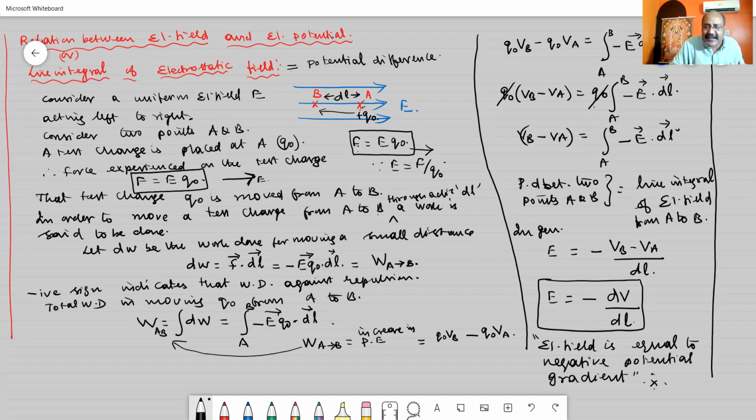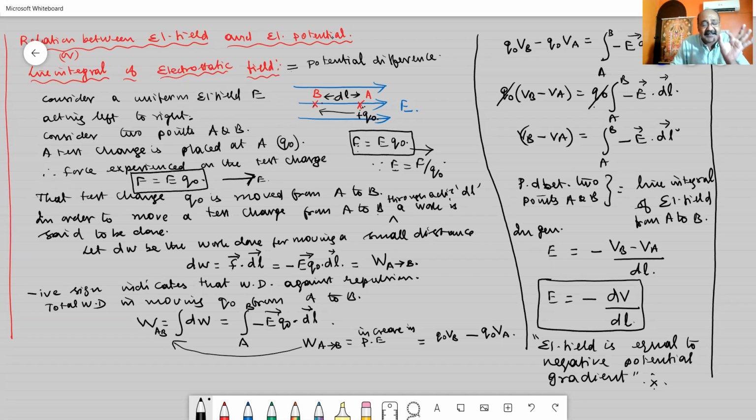So work is said to be done in order to move the test charge Q naught from A to B. Let us take work done as dW, so that the test charge is moved through a small distance.